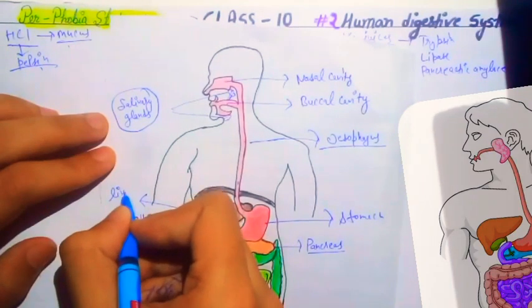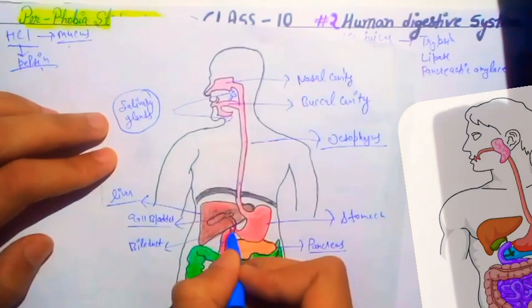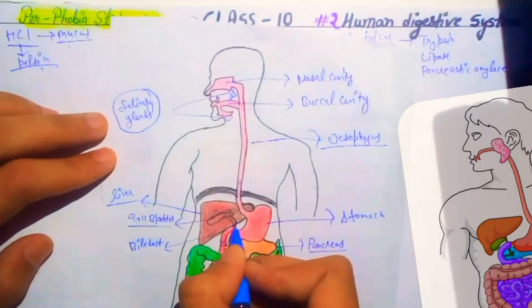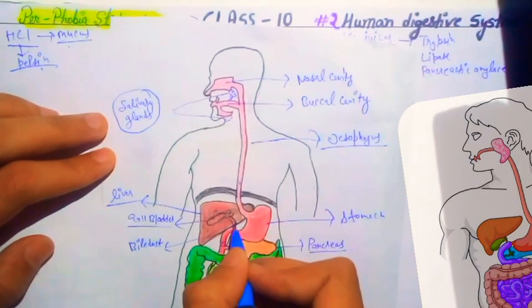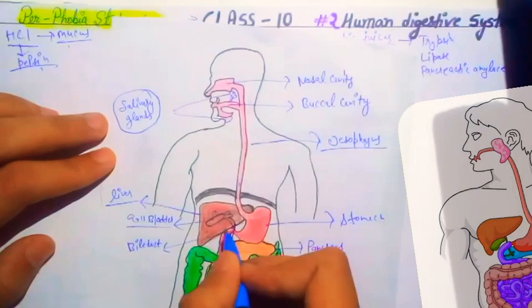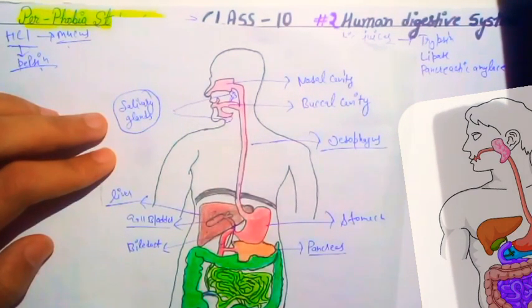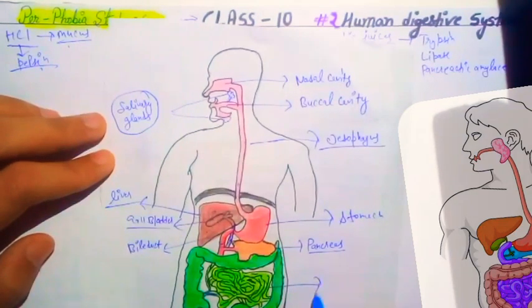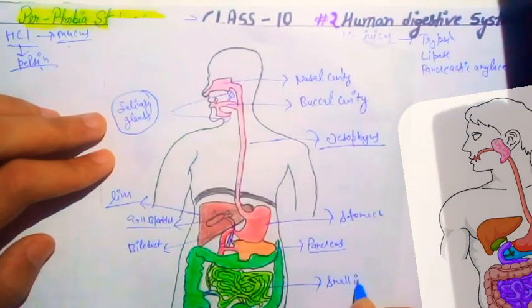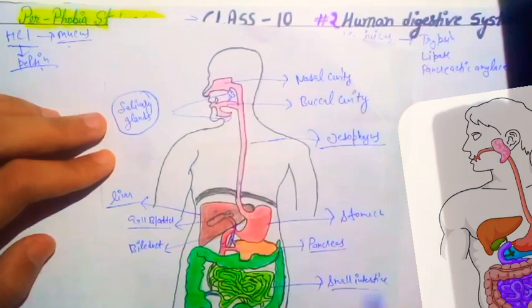and this is the gallbladder, and there is a bile duct which allows the entry of bile juice from the liver to the small intestine. And this is our small intestine, and this is the large intestine.